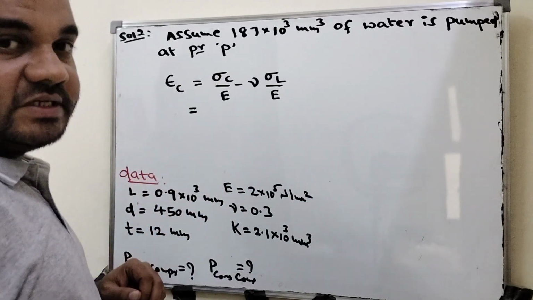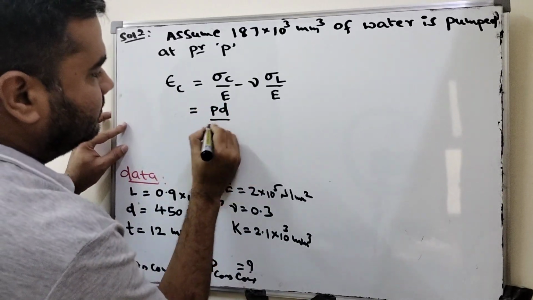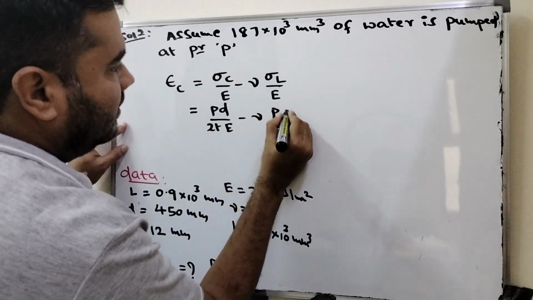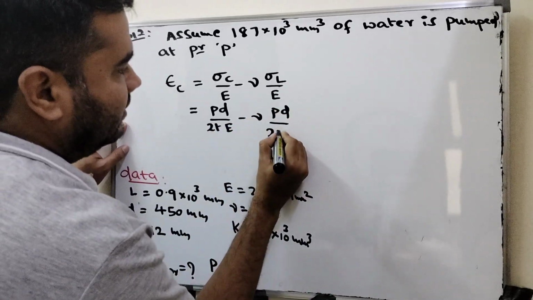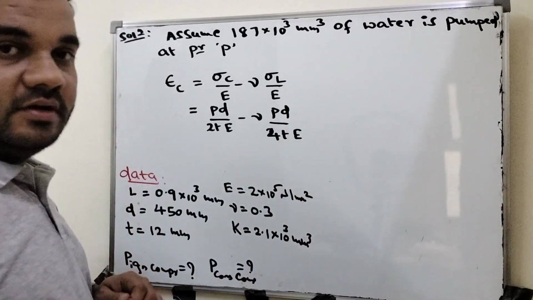The formula for circumferential stress is PD by 2t, and longitudinal stress is PD by 4t.